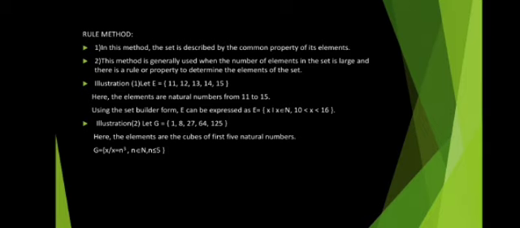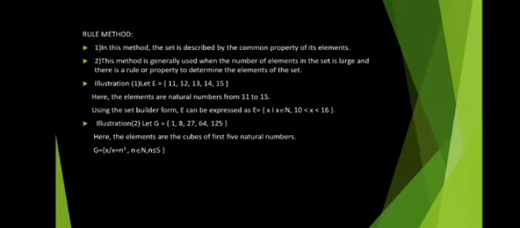So we read: x such that x belongs to natural numbers where x is greater than 10 and less than 16. What are they? 11, 12, 13, 14 and 15.